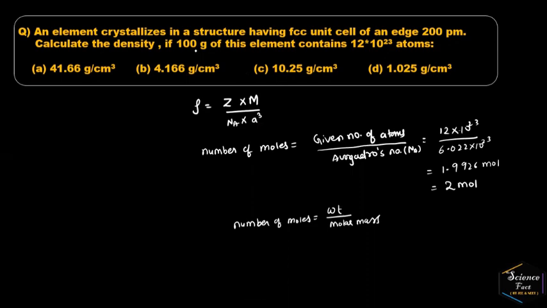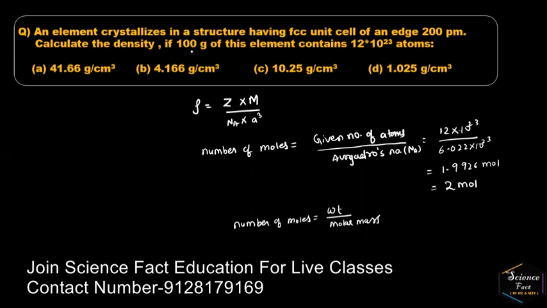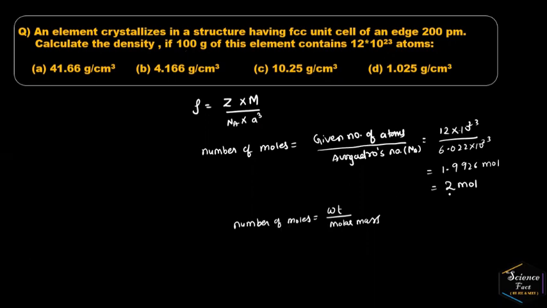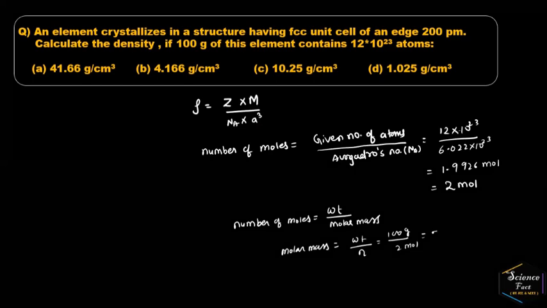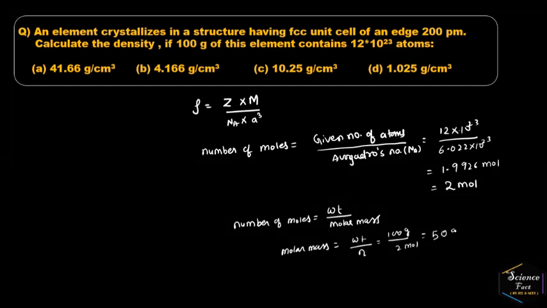The weight of the element is given, that is 100 gram, and the number of moles we have already calculated, that is 2 mole. So molar mass will be equal to weight divided by moles. Weight is 100 gram and moles is 2 mole. Finally, we will get 50 gram per mole.